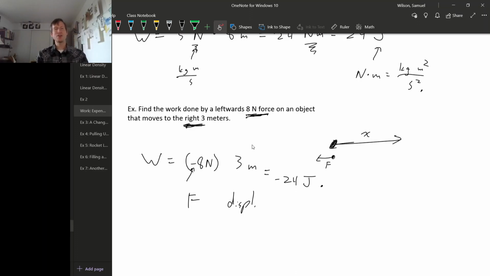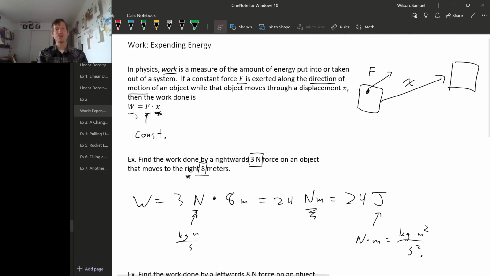This definition of work only makes sense if the force is constant. So what happens if the force is changing? If our object is moving from one position to another, it's possible that the force it experiences along the way could change as it moves. So how could we compute work then?